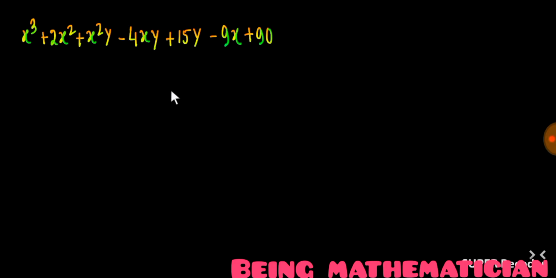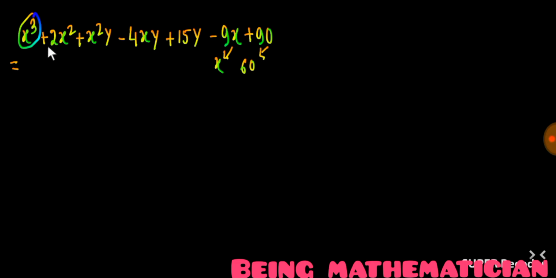So now we separate this term: x from 9x and 60 from 90. So we group x cube minus x plus 60.